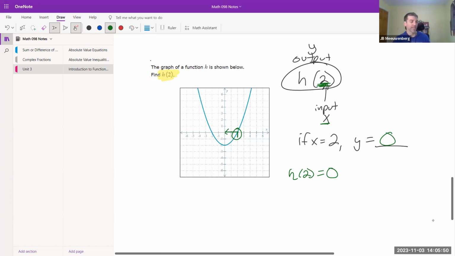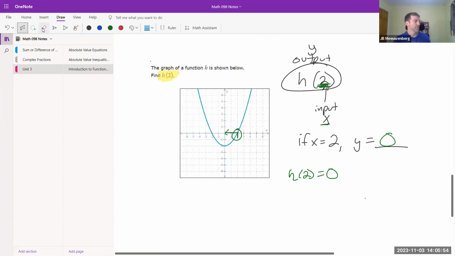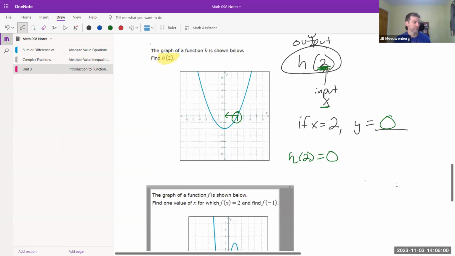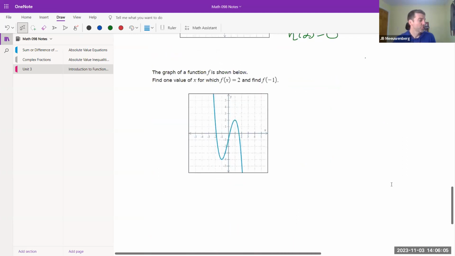One more way we can examine functions using graphs would be like this. There is one more. So this one says, the graph, let me make this a little bigger.